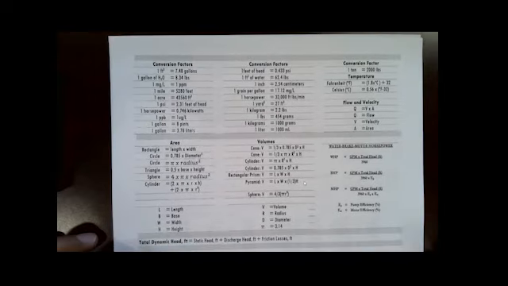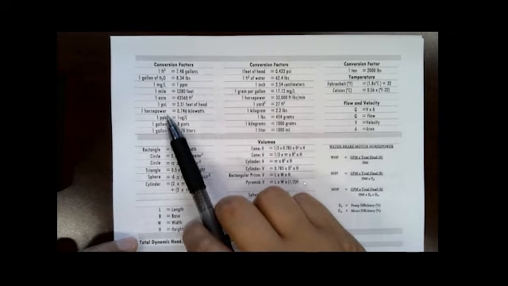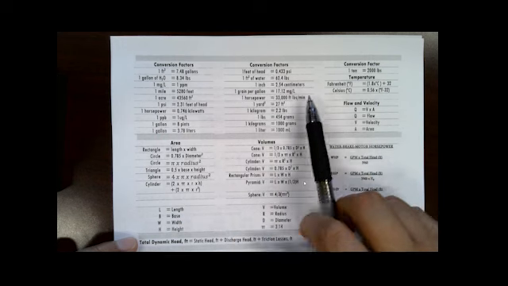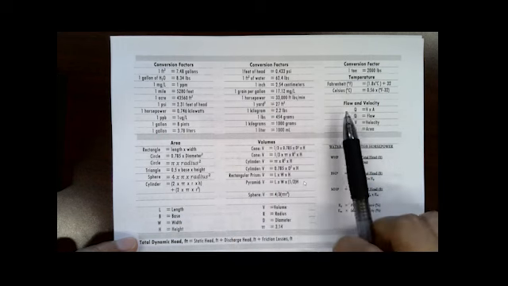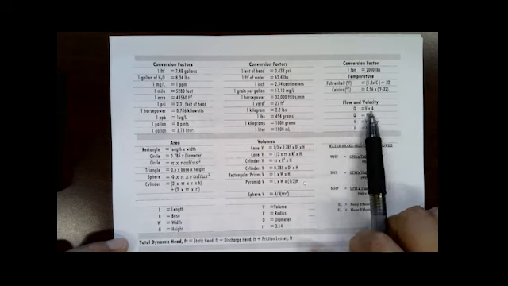So from our equation sheet, now a little bit of a breakdown on the equation sheets. You have your conversion factors, which you can convert from one unit to the other, continued conversion factors, and you also have your flow and velocity or flow equation right here.